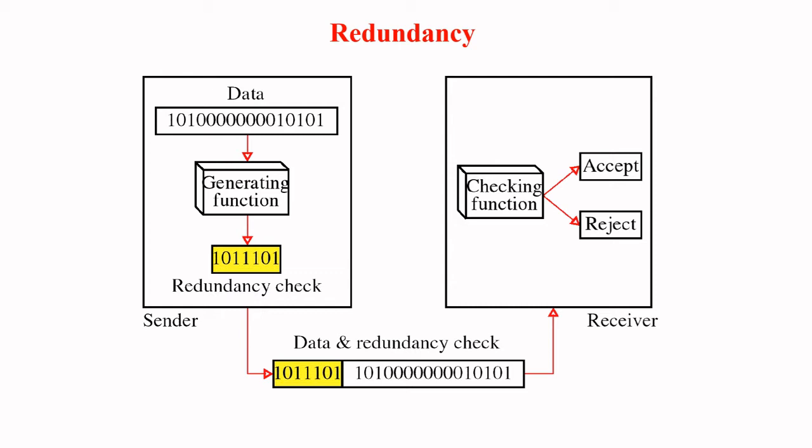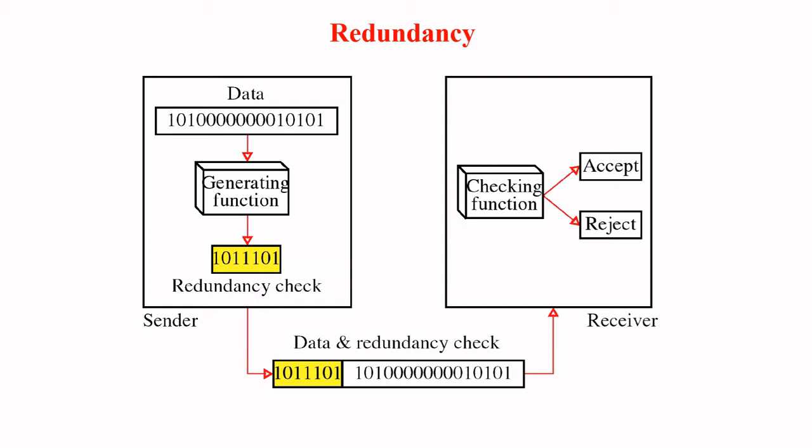Some data, for example, 101000000000100101, is input to the generating function, and the generating function generates some random bits. Here it is 101101, and these generated bits are known as redundant bits.